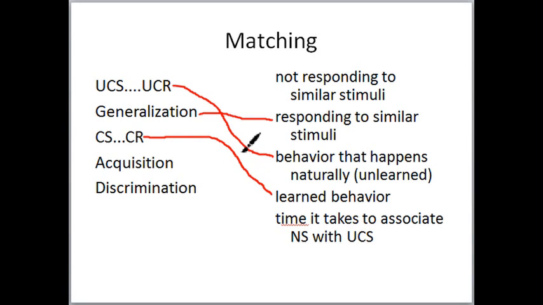Acquisition is the time it takes to associate a neutral stimulus with an unconditioned stimulus. And then discrimination is not responding to a similar stimulus. So in Pavlov's case, if he rang one bell to get them to salivate, and he rang a different kind of bell and they didn't salivate, then he could tell that there was discrimination between the two. Okay.